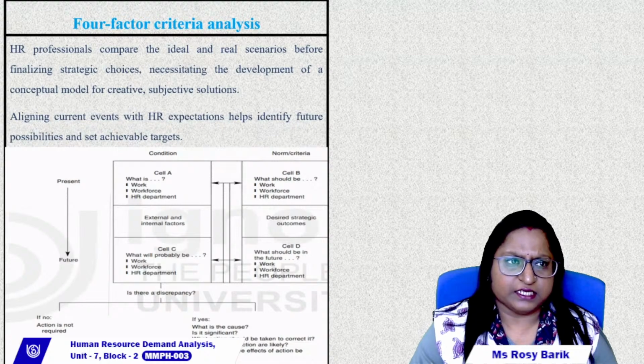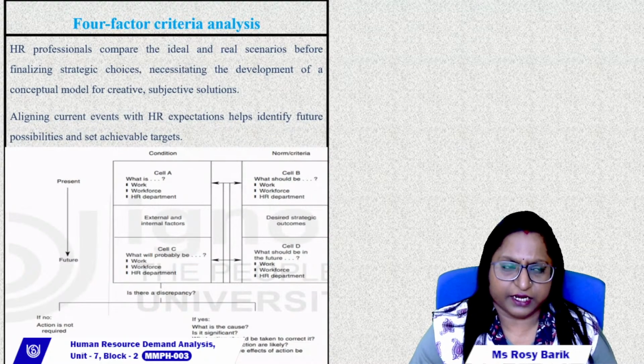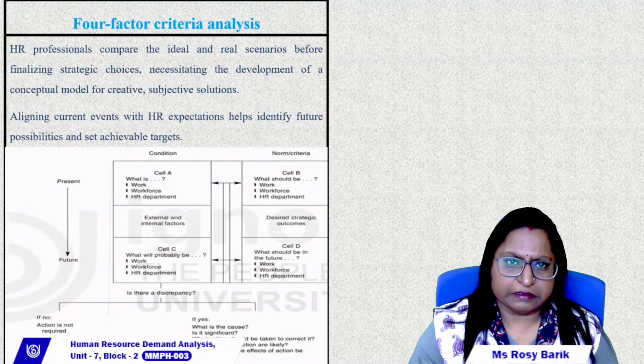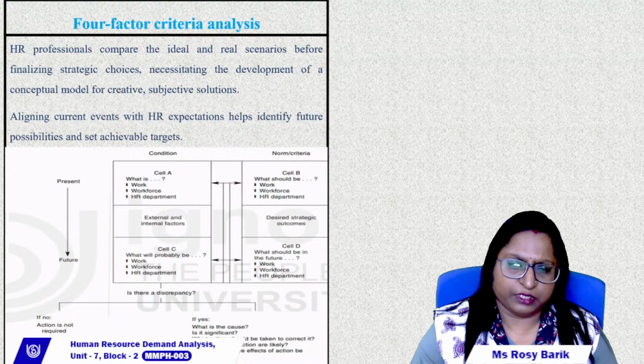Here we will be discussing how HR professionals compare the ideal and real scenarios before finalizing strategic choices, necessitating the development of a conceptual model for creating subjective solutions, aligning current events with HR expectations, helping identify future possibilities and set achievable targets.